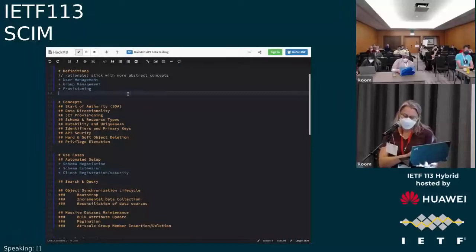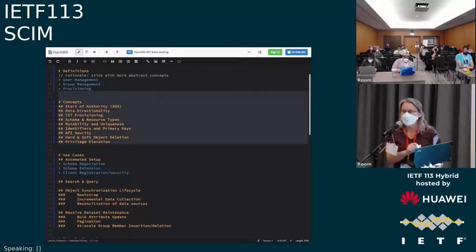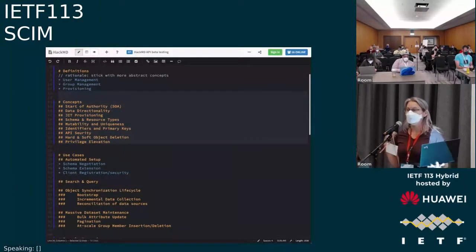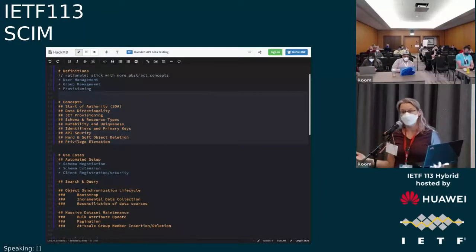The next section is the concepts section. And so I believe that these are basic concepts around provisioning, around some of the industry ideas. So what does it mean to have a source of authority?